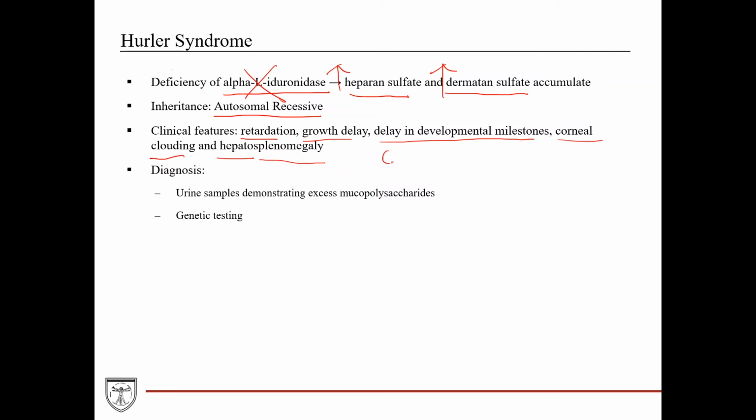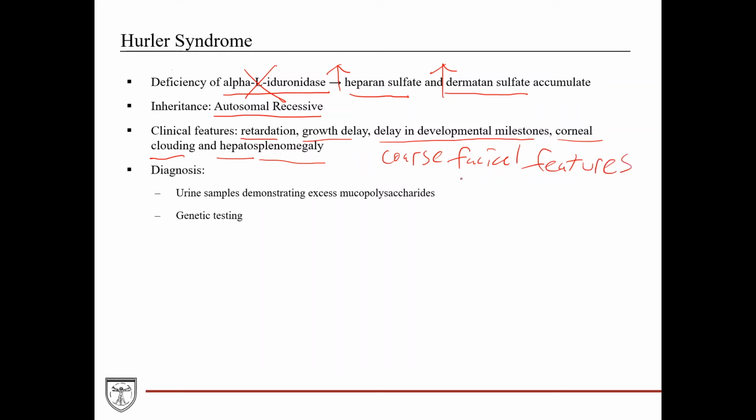The other thing is you see coarse facial features because buildup of these molecules particularly affects the structure of the musculoskeletal system. It affects cartilage, bones, muscles, tendons, and so it can really affect the development of the musculoskeletal system. And the face is composed of many different bones, and so if you affect the development of the facial bones, you're going to develop these coarse facial features.